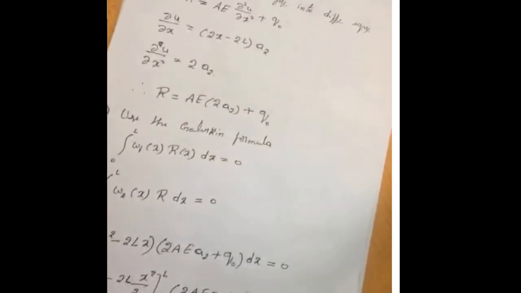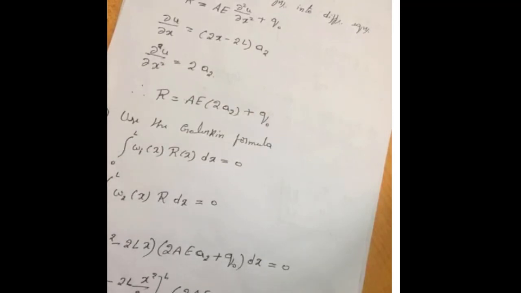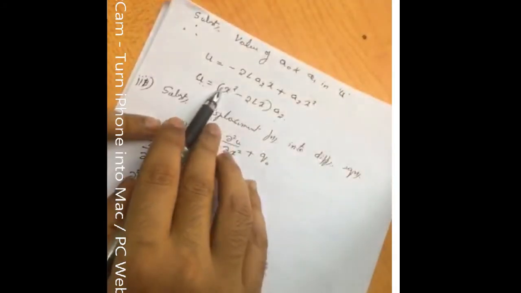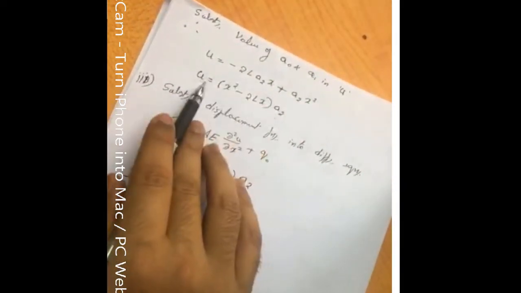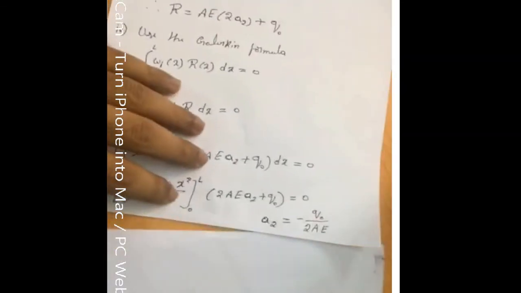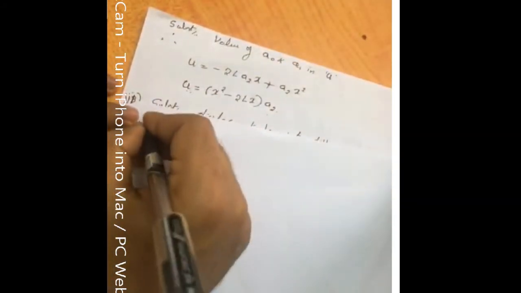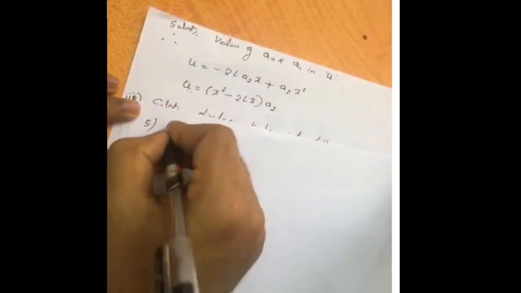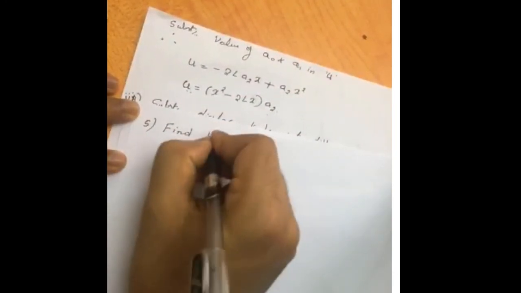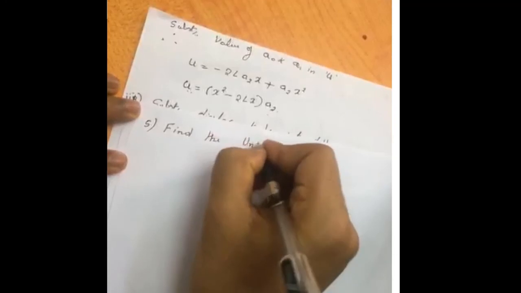So now we have a0, a1 and a2. Having already substituted a0 and a1 to get the expression, if I substitute a2 here, I can find the displacement at any point. So the fifth step: find the unknown displacement.